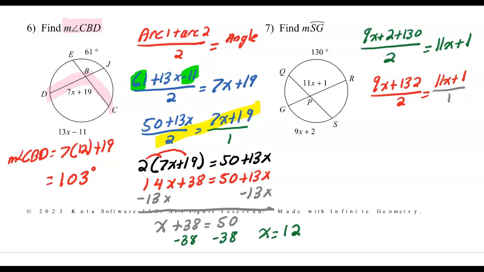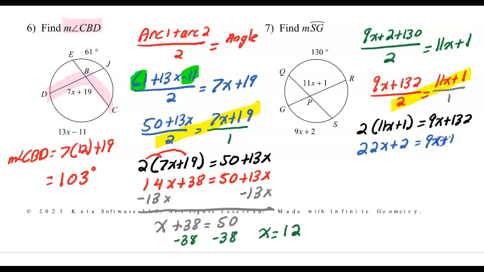I'll put that over 1 and cross multiply. So 2 times 11x plus 1 is 9x plus 132. We'll distribute. 22x plus 2 is equal to 9x plus 132.